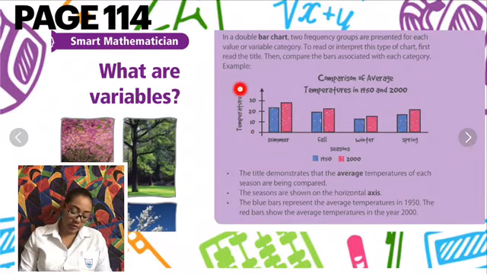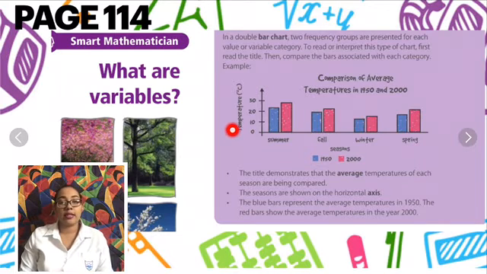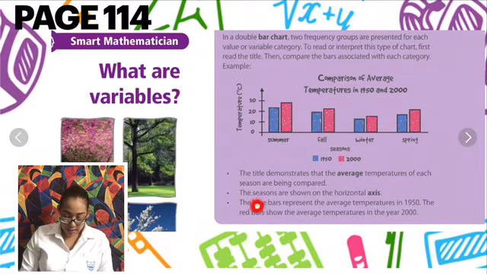To your left side you have the temperature in Celsius degrees. Now it says the title demonstrates that the average temperatures of each season are being compared. The title tells you what you are going to analyze. The seasons are shown on the horizontal axis.